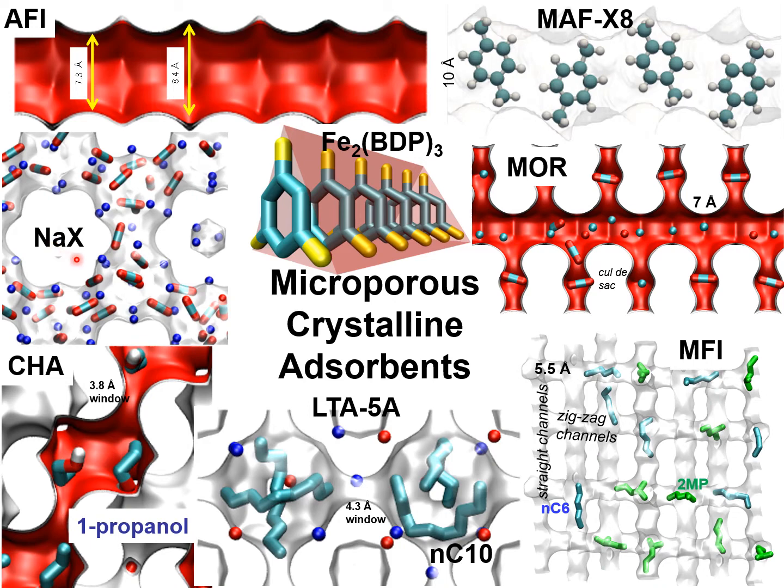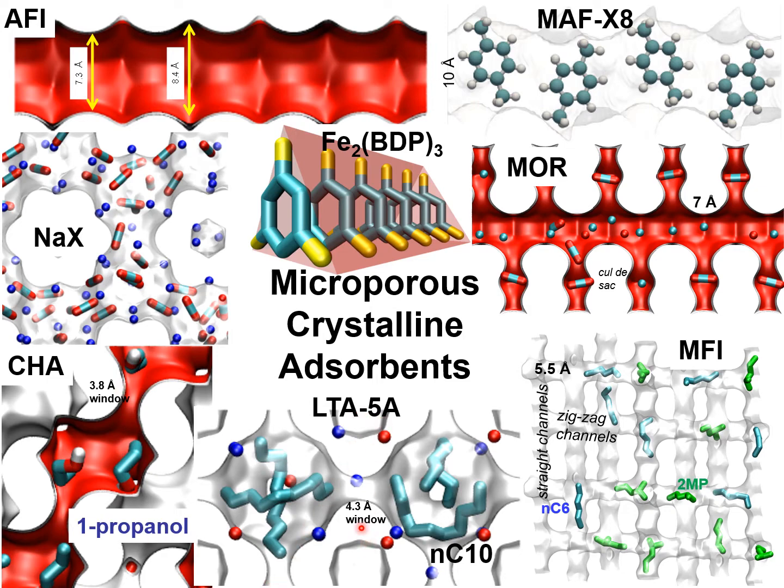Sodium X zeolite has cage diameters of approximately 11 angstrom separated by 7.4 angstrom windows. Chabazite zeolite has cages of 8.5 angstrom in size separated by 3.8 angstrom windows.